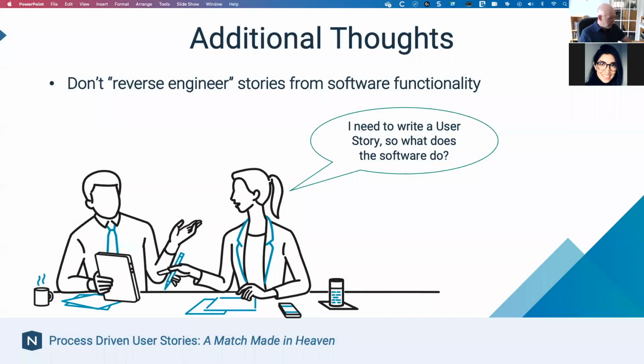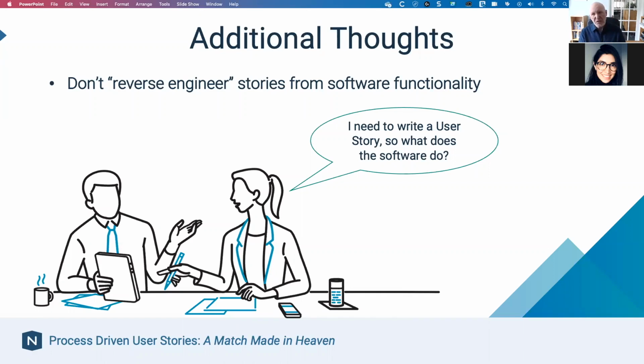Another thing I want to caution you of is don't reverse engineer from software functionality. And you might be surprised I'm saying that, but I've seen this happen. When there's a lack of good requirements from the business, and there's basically a requirement to build the user stories because that's your methodology for development, I've seen it where people went over to the developers and said, I need to write a user story, so what does the software do?